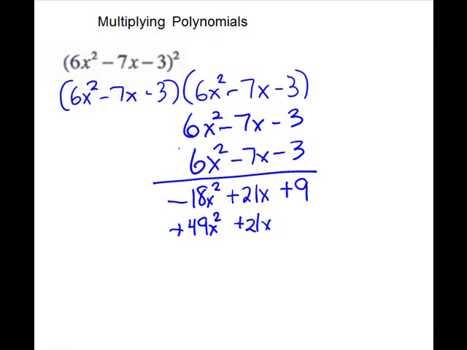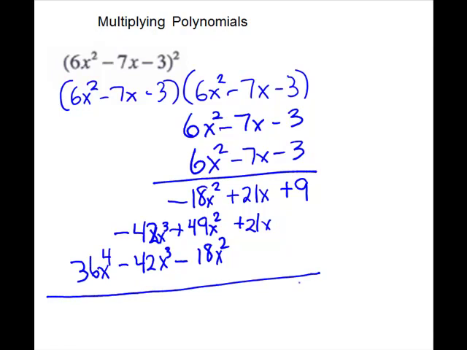And this will give us a negative 42x cubed, which needs a new column. Right, then I'm going to the 6x squared. So 6x squared times negative 3 will give me negative 18x squared. 6x squared times negative 7x will give me negative 42x cubed. And 6x squared times 6x squared will give me 36x to the 4th.